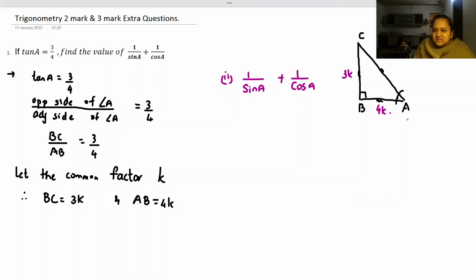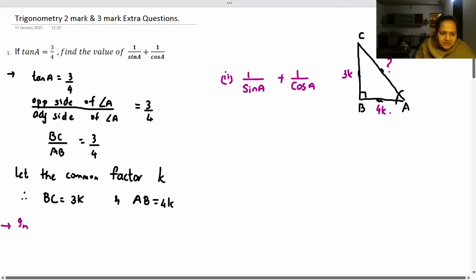Using this information, can we find out the value of sine and cos? To find sine and cos, we will need the value of AC. We are going to find the value of AC by Pythagoras theorem, so we'll do that part now.